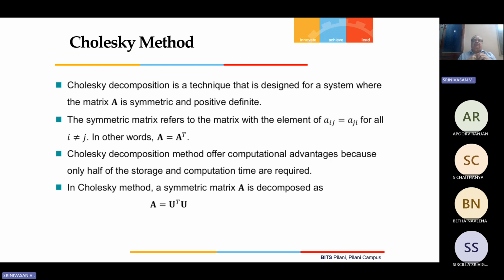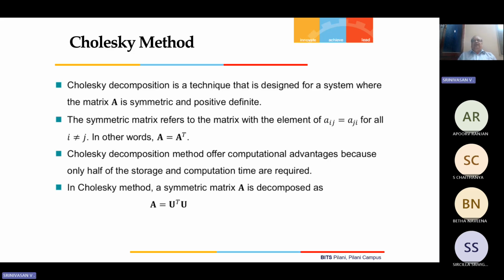Cholesky decomposition is a technique designed for a system where the matrix A is symmetric and positive definite. So the Cholesky decomposition is possible only when the given matrix is symmetric, and positive definite means all its eigenvalues are positive.